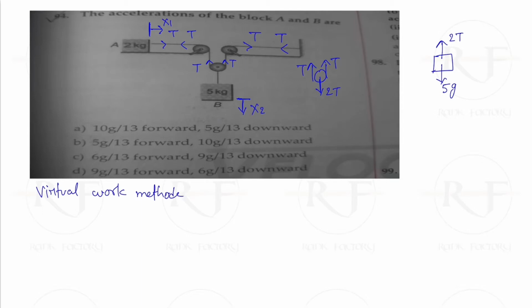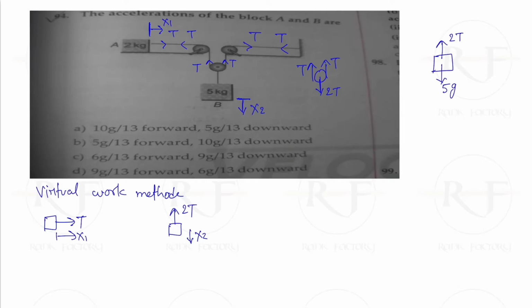So according to the virtual work method, here the tension T is acting and this is moving distance x1. So the angle between displacement and the tension is 0, and on the block B tension is upward 2T and this one is moving distance x2 downward. So the net work done on the string must be 0 because there is no extension in the string.